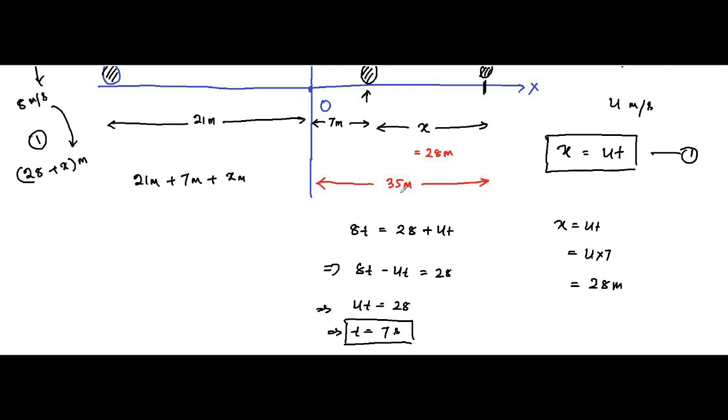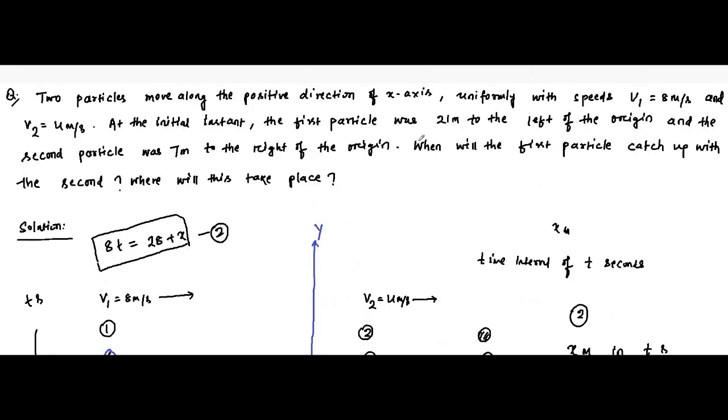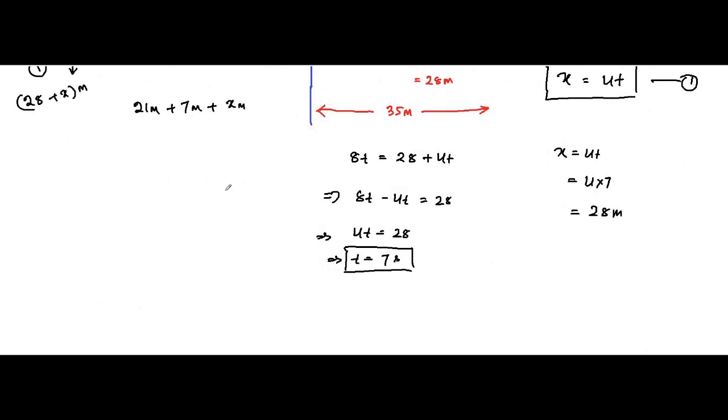So to answer the two questions that this whole problem was all about: after how much time they will meet, which is 7 seconds, and where they will meet, 35 meter to the right of the origin.